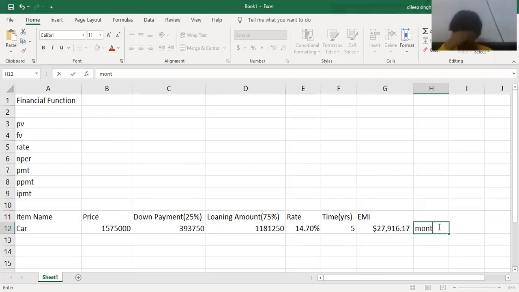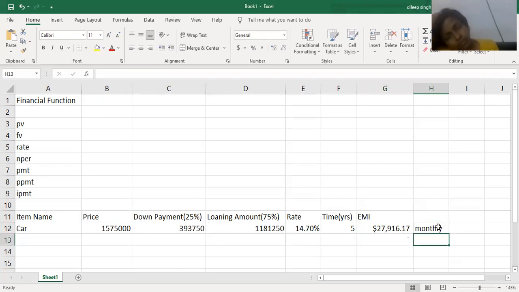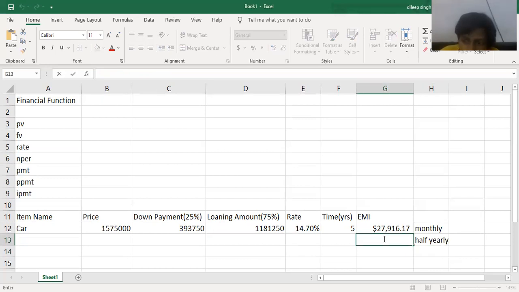We talk about monthly installment, monthly price, and if you want to calculate half yearly, how can we calculate it? We can calculate half yearly by doing the same process, but we have to make some change in our function. For example, just press equal to, type the PMT function and start the bracket, and again select the same process.